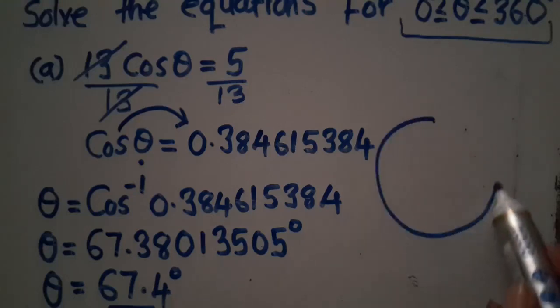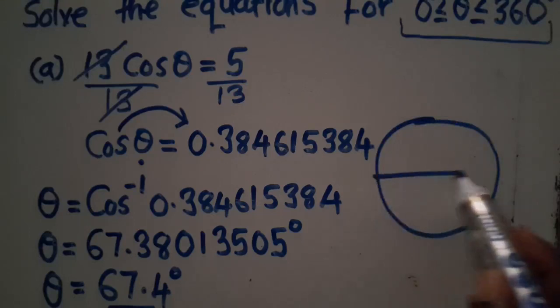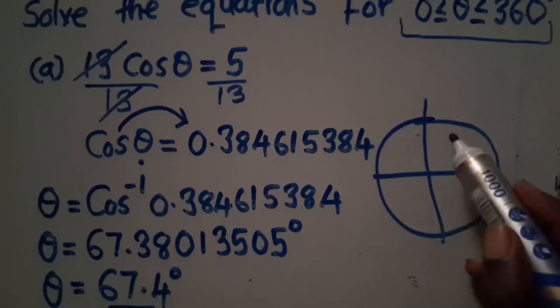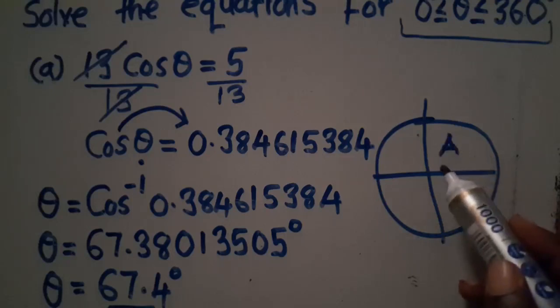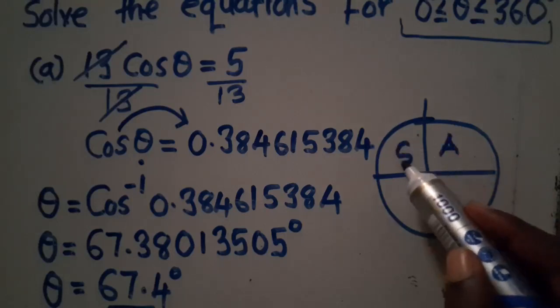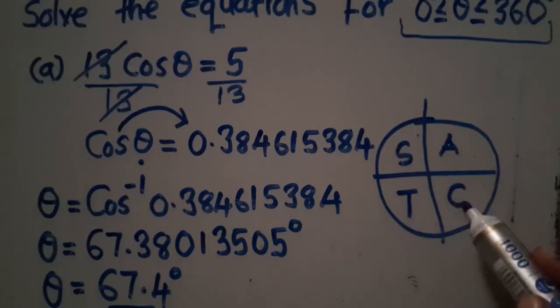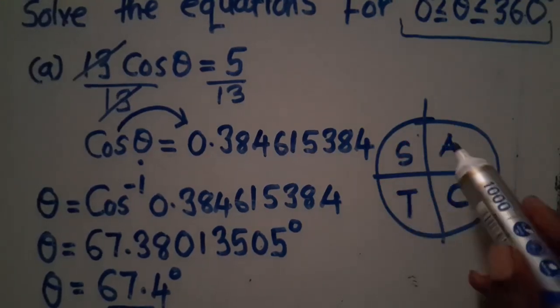When I look at these quadrants like this, how many quadrants? 4 quadrants. So we know that here everything is positive. Here only sine. Here only tan. Here it is cosine.